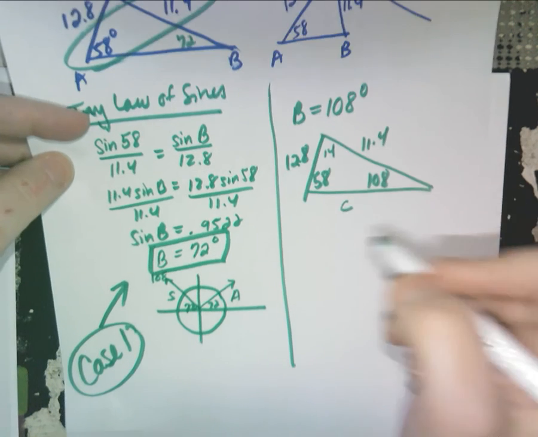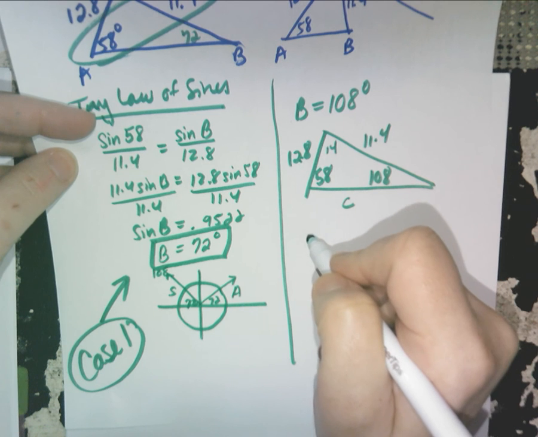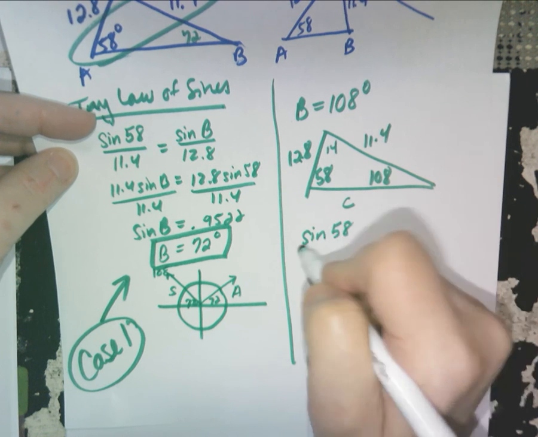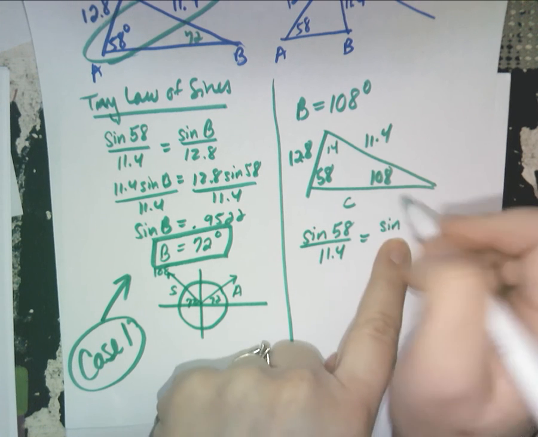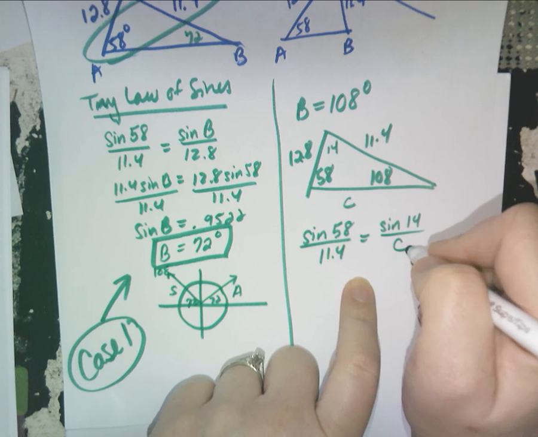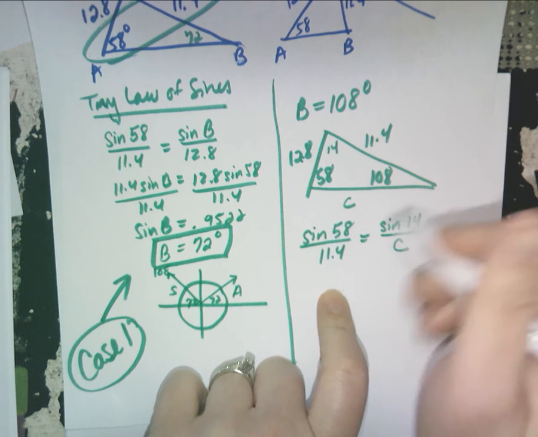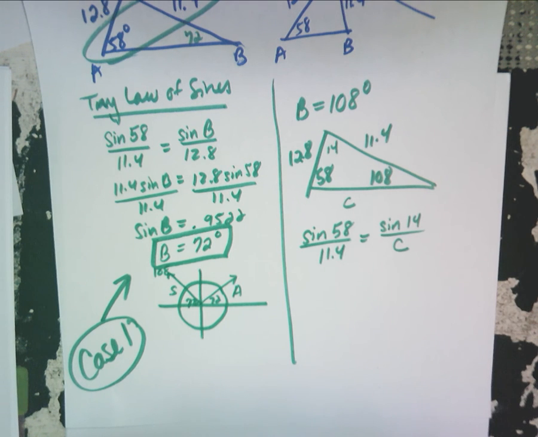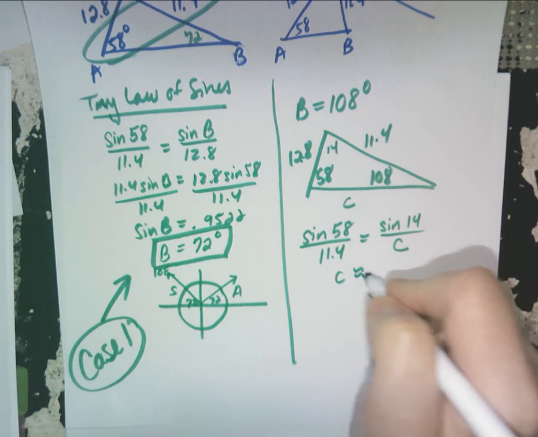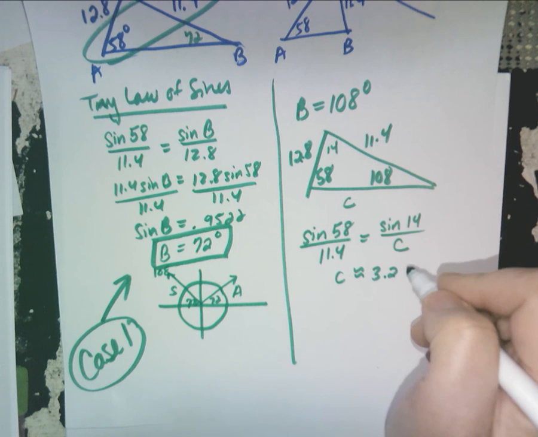Okay. So then I would say, sine of 58 over 11.4, I always go back to my original, equals sine of 14 over C. And I crisscross multiply, and I get C to be roughly 3.29.